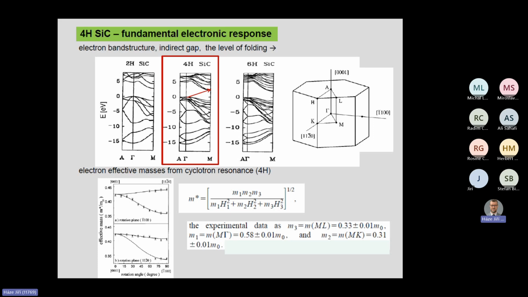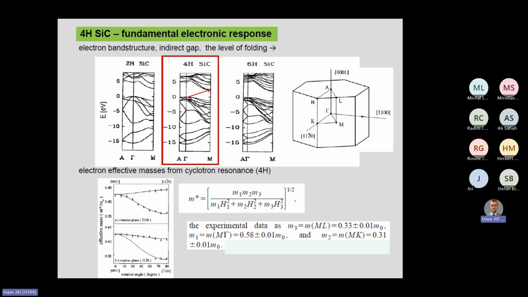So these energies between 0, the top of the valence band, and the minimum of the conduction band belong to the transparent range, because no photons can be absorbed by these electronic transitions when they do not have enough energy. That means this is the upper edge of the transparent range.